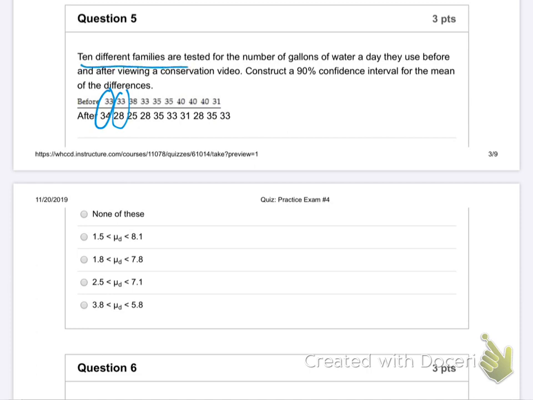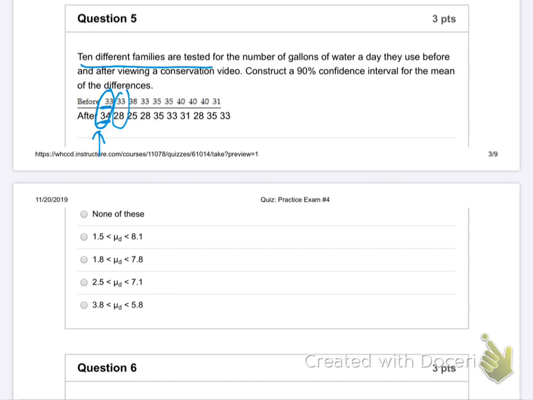This is 10 different families, so you can't get away from really understanding the paragraph of the problem. Don't try to avoid that and just jump into the other stuff. There's important meaning in those words. 10 different families. In other words, this is one family. Before watching the video, they used 33 gallons of water per day.